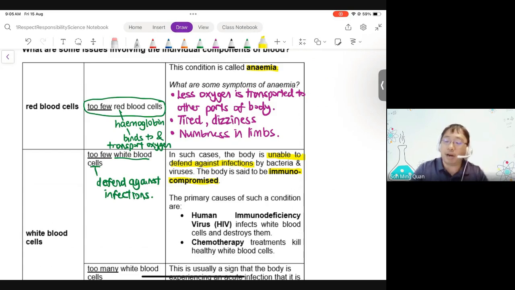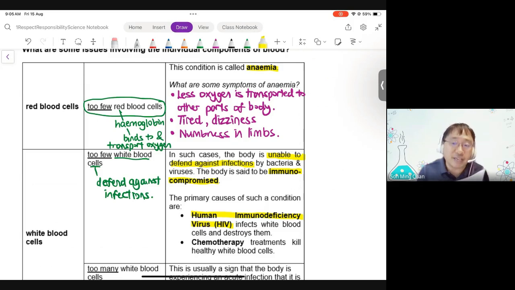So what are the primary causes for this condition? The first cause could possibly be a virus called the human immunodeficiency virus, or HIV. So HIV is a virus that's a sexually transmitted virus. So it's transmitted either through sexual intercourse or blood. All right.